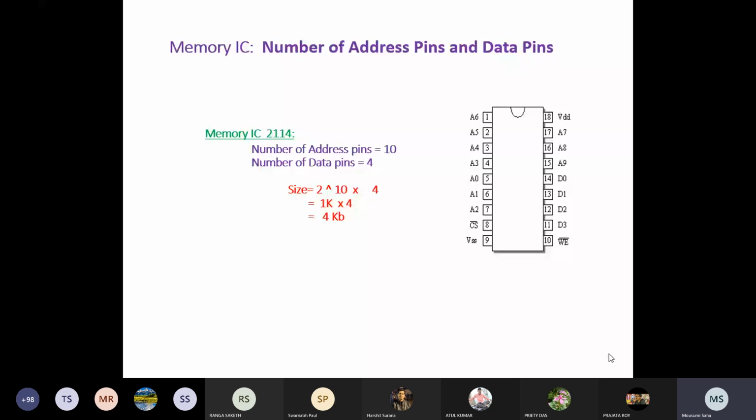For the control signals, you have WE bar at pin number 10 and a chip select line at pin number 8. It is a RAM, but here you don't have a separate signal to control the write operation or the read operation. And 2 pins will obviously be required for power supply.